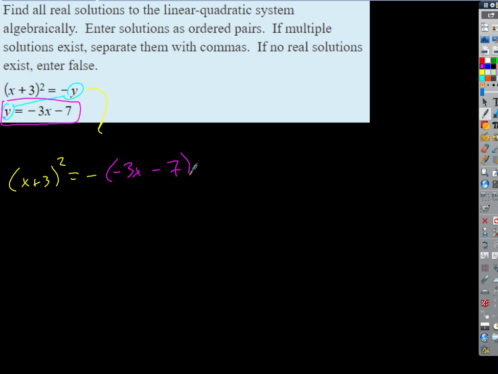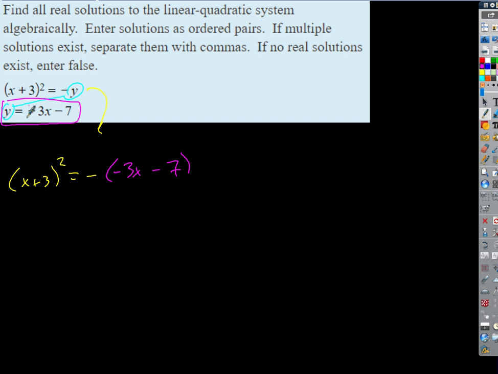Okay, so you set the x plus 3 squared equal to negative 3x minus 7 because they both equal y. Right, I made the substitution, exactly.